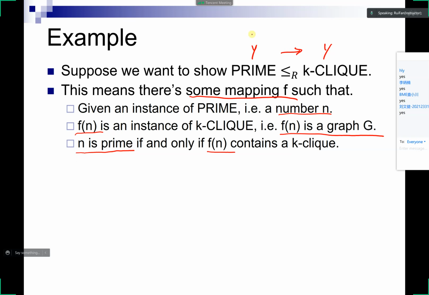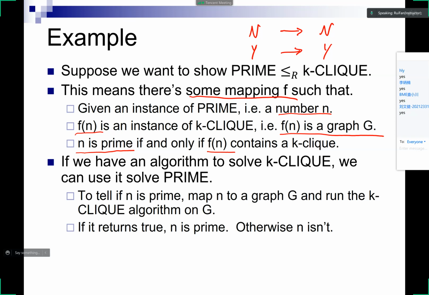On the other hand, if you have a no instance of prime, in other words a composite number, then this has to map to a no instance of k-clique. So this has to produce a graph which does not have a k-clique. So n is prime if and only if f of n contains a k-clique. That's what it would mean for prime to reduce to k-clique.